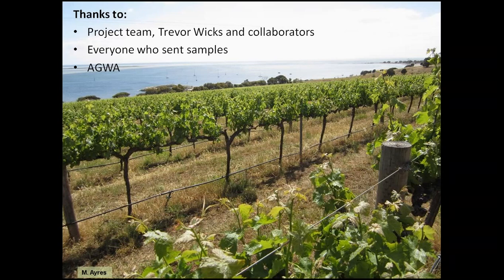Have you got resistance issues out there? Is anyone, can I ask, are people concerned about resistance out there? Are you concerned in your vineyard? You don't have to say about your vineyard necessarily, you can be anonymous. But I guess that's something we really are keen to know about. If you are concerned that you think you've got resistance, then we'd really like to hear from you. Any comments?